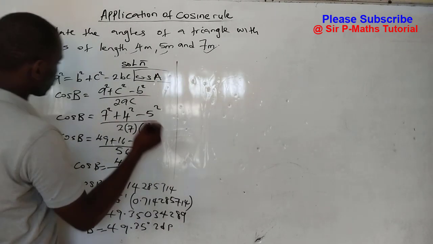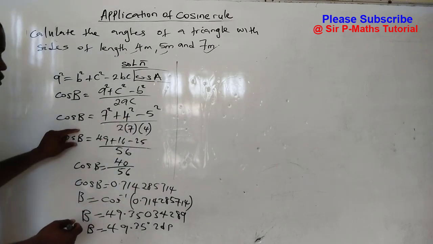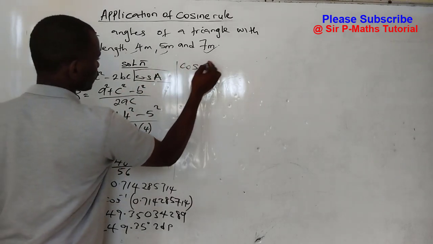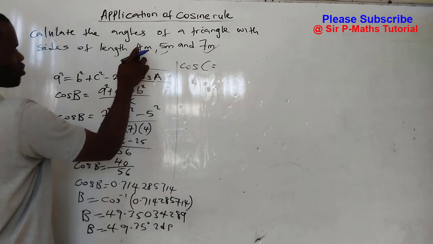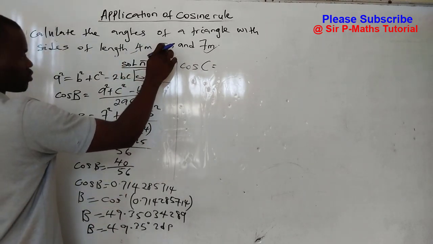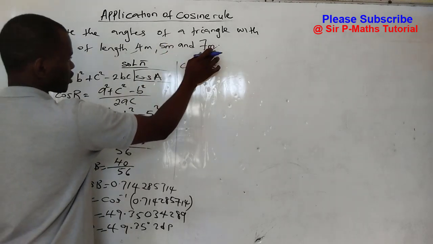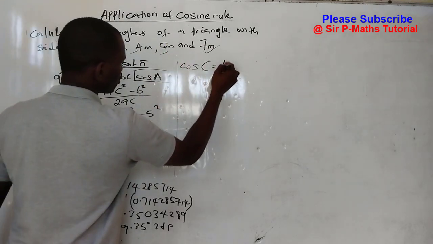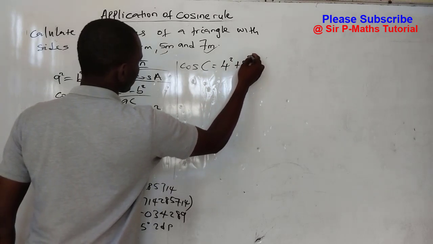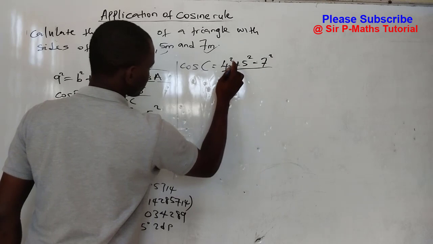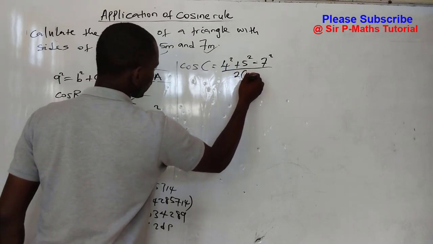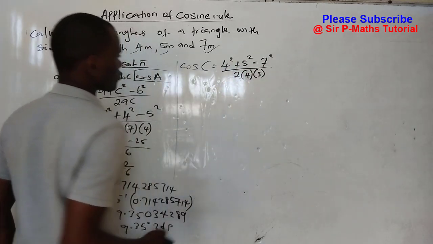For the third one, we have solved for A, solved for B. Let us solve for C, cos C, the angle at C. Alright, so the first one we subtracted 4, we subtracted 5. Let us solve and subtract 7. That means I'll be having 4 squared plus 5 squared minus 7 squared over 2 into 4 and 5.